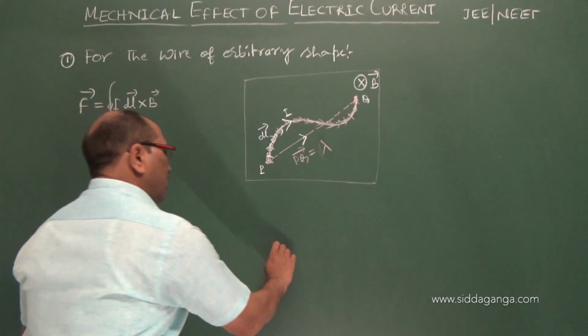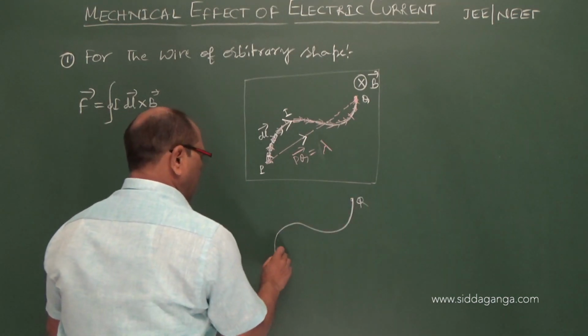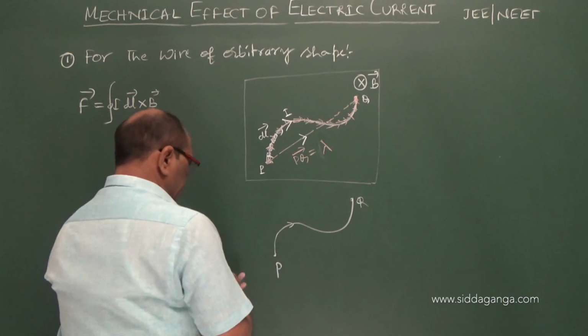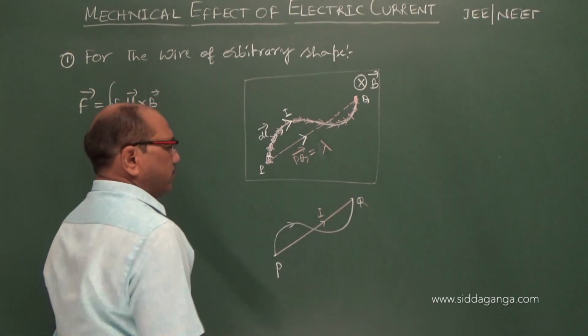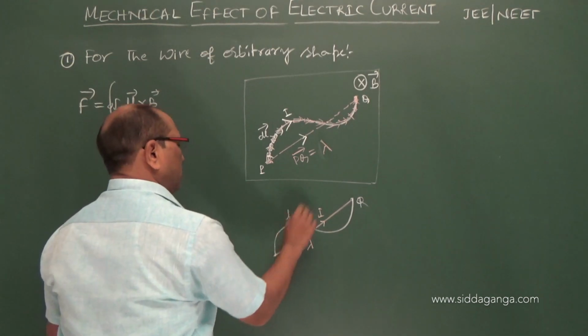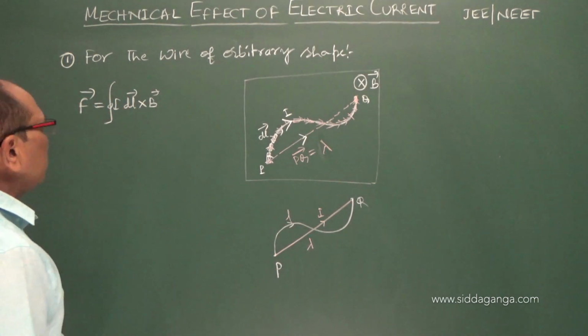Now this entire conductor, which appears to be of the form QP, I can take only this straight portion with current I, having length L. Its length may be L, but I am taking this effective length lambda.